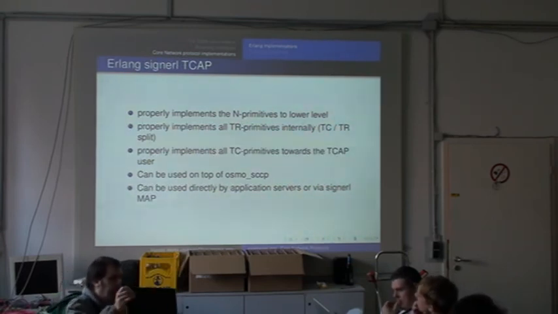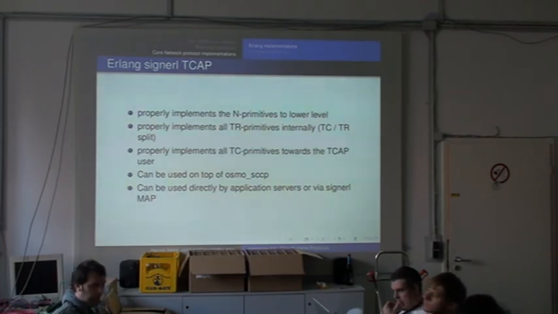So a user application uses something like TC invoke or TC result last, or some of these kinds of primitives. They're specified in the TCAP spec, and those primitives are used by an Erlang application that actually uses the stack.